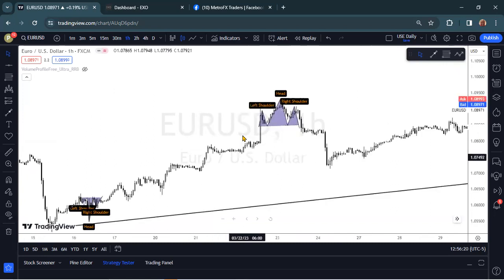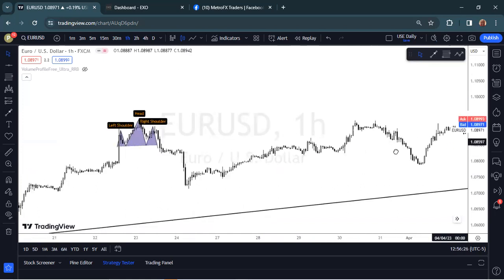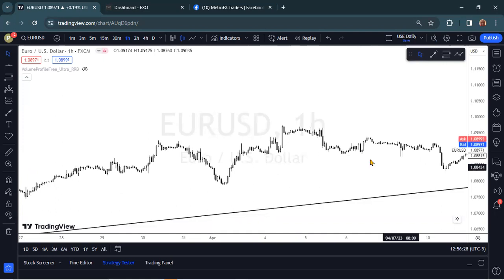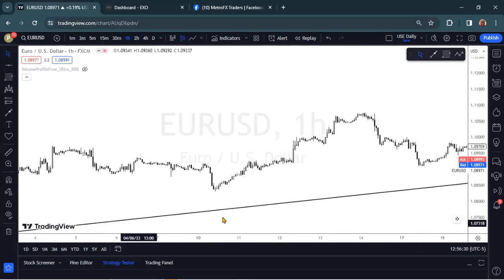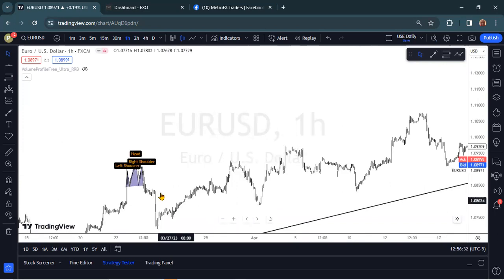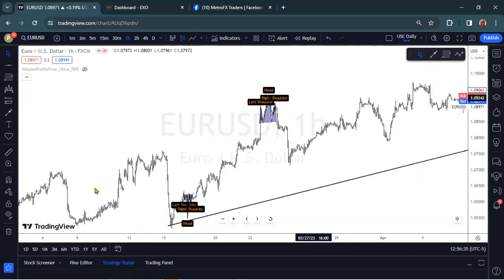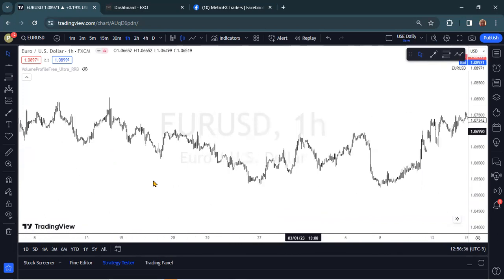And on the top, see if you can create the head and shoulders. So this is your homework assignment, gang. Do a back test and see if you can find head and shoulder patterns in your chart.